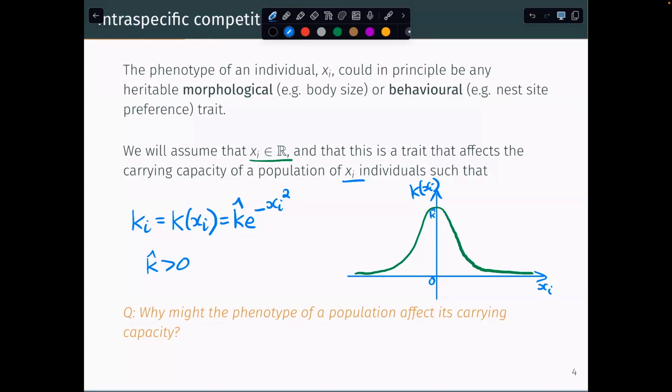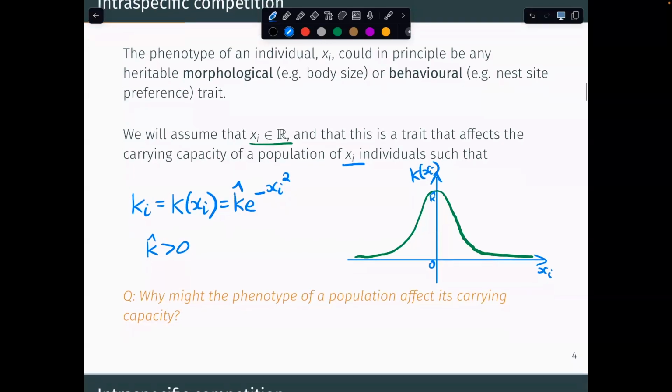It could be the degree of competition with other species. This could be something even abstract like the coloration that individuals have. This is a measure of the plumage that birds have, the types of colors that they have. And maybe if they overlap with other individuals, other species, then they're going to compete with those. It's going to cause confusion. Therefore, when they're different, that's the best thing. So there are lots of different traits in which this kind of thing could play into carrying capacity.